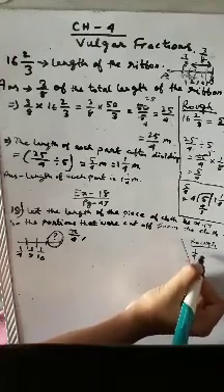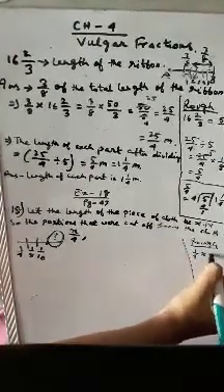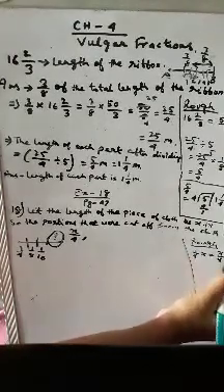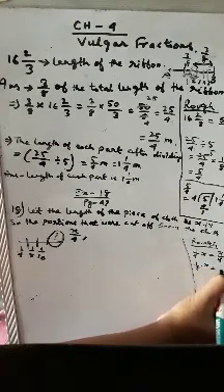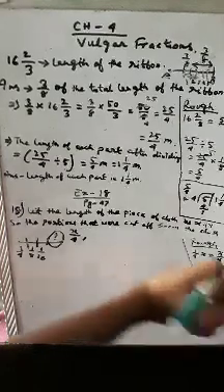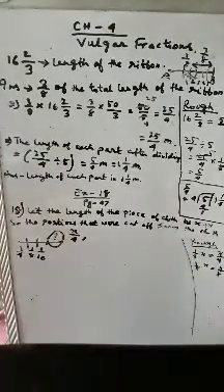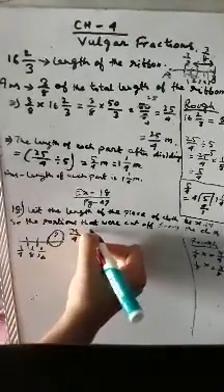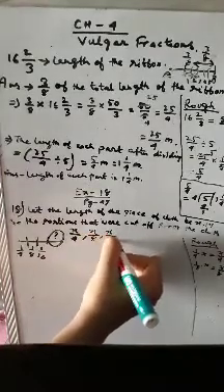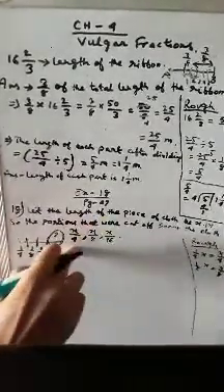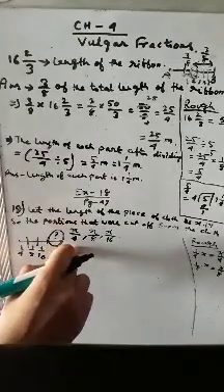Again, 1 by 16 of x means x by 16. So I can write it as x by 4, x by 8 and x by 16. All these portions were cut off from the cloth.